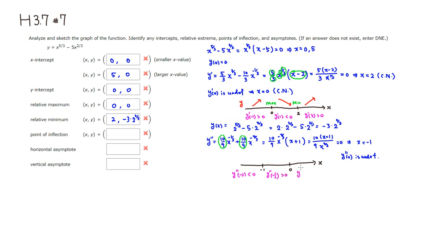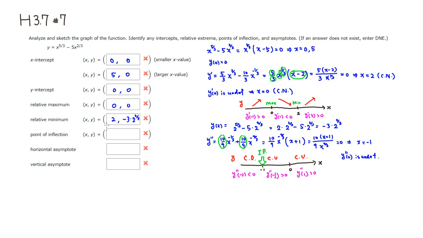And if you try y double prime of, say, 1, bigger than 0, everything is positive. So we know that the original function is going to be concave downward here, and concave upward here, and concave upward. And you can see that the inflection point is going to be at -1.